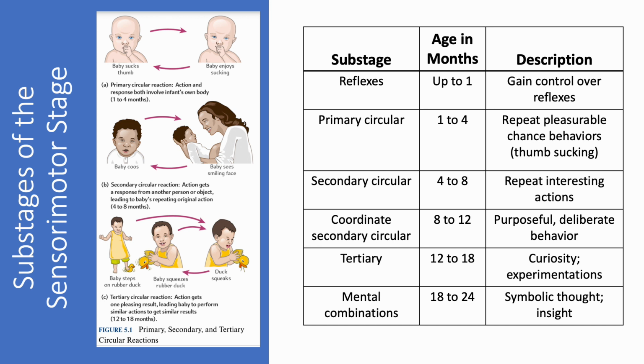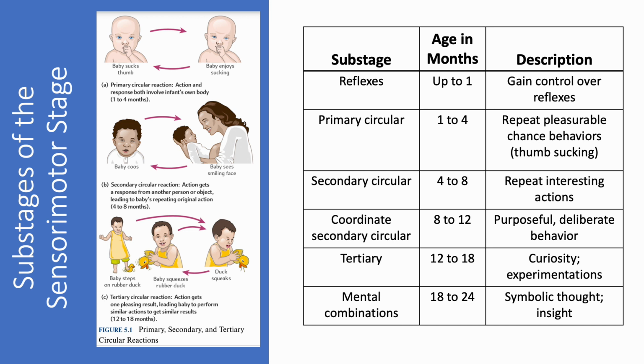We know that reflexes, where they gain control over their reflexes, is up to about 1 month. The primary circular substage is 1 to 4 months, in which they repeat pleasurable chance behaviors, things like sucking their thumb. The secondary circular substage is 4 to 8 months.